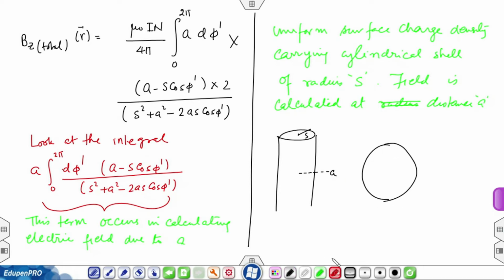At angle phi, I will take this thin line, and calculate the field at a distance A. This is S. The field due to this thin line at this point is going to be in the direction shown.